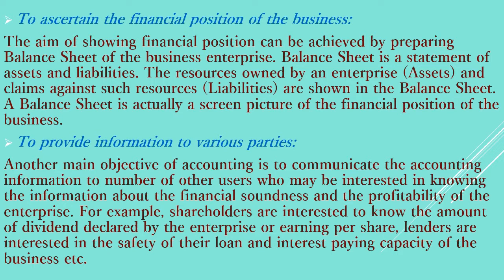Shareholders are those who buy the shares of the business, invest money in the business and give finance for the business. So here the shareholders will need the information to know how much is the dividend that he or she will get and how much will be the earning per share, or any lender like a bank or creditors, if you want to take a loan from the bank.